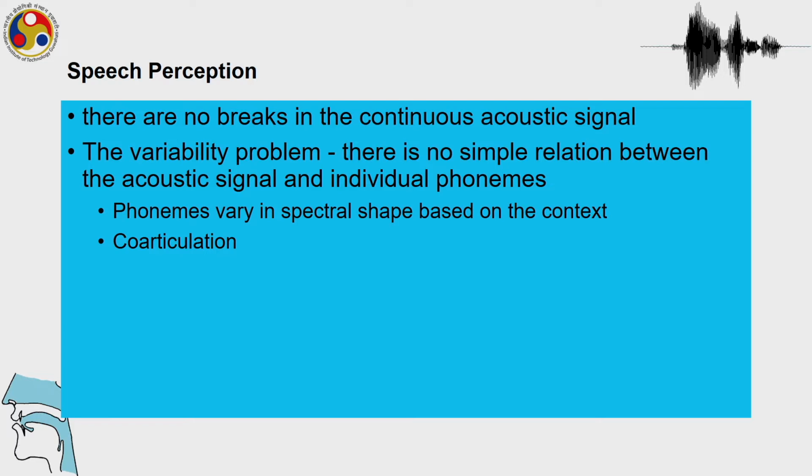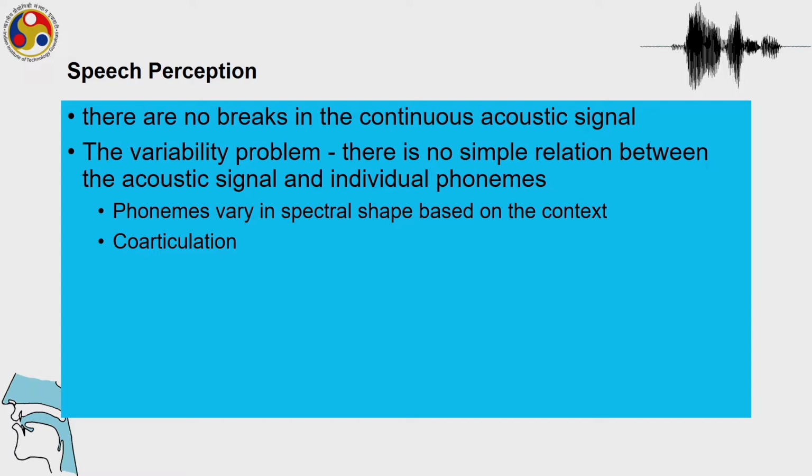There is no simple relation between the acoustic signal and individual phonemes. Acoustically, phonemes are subject to a lot of changes, some of which you had seen in the lectures on acoustic phonetics. Phonemes vary in spectral shape based on the context in which they appear.